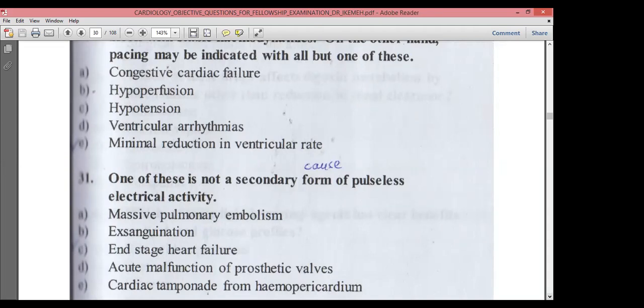For example, if there's a regurgitation, it can decrease the stroke volume, then the heart will perceive it as hypovolemia. Then cardiac tamponade is one of the T's. So the wrong option here is end-stage heart failure. It's not part of the secondary causes of pulseless electrical activity.